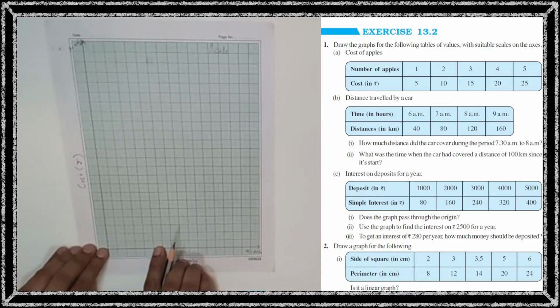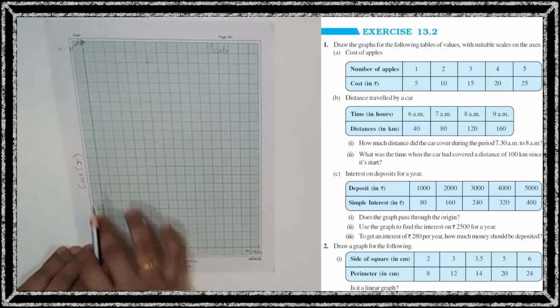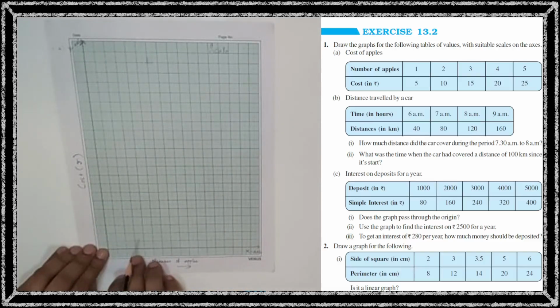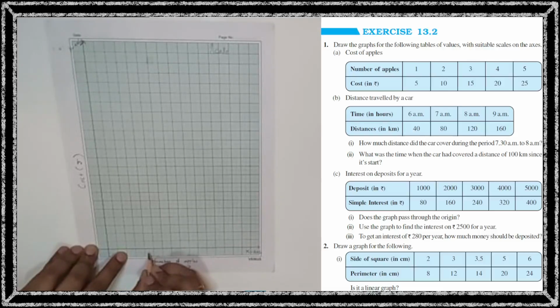Now you can see that this is too short, and if you're planning on using the entire graph sheet, the data is going to be crammed in a very little space. So we are going to take at least 2 units for the number 1, or you can take 3 as well. So let me take 2, then it is going to span up to here.